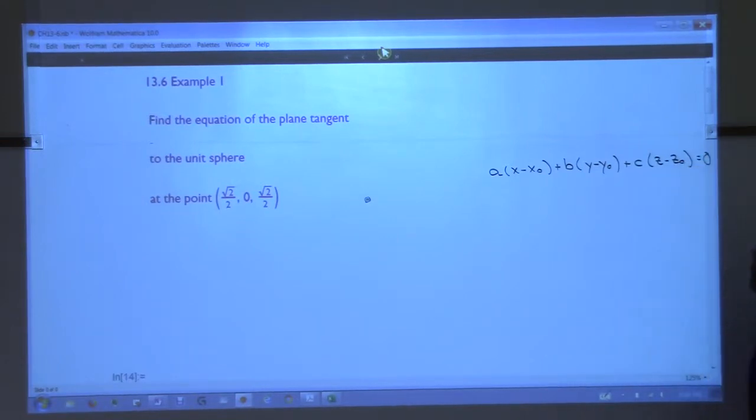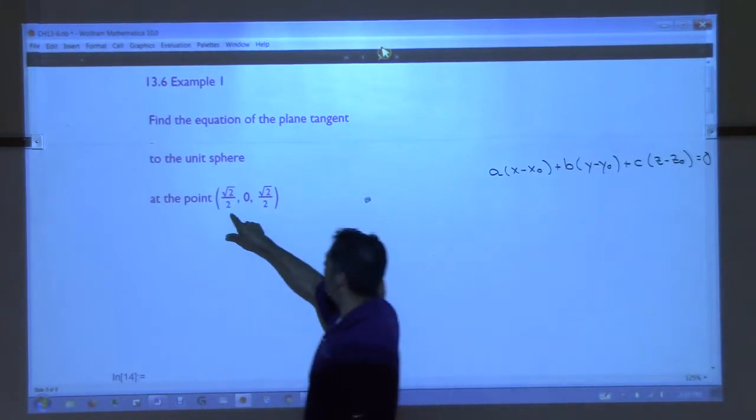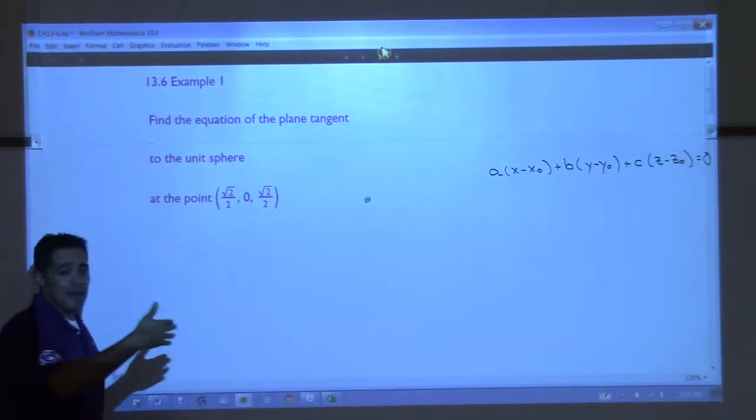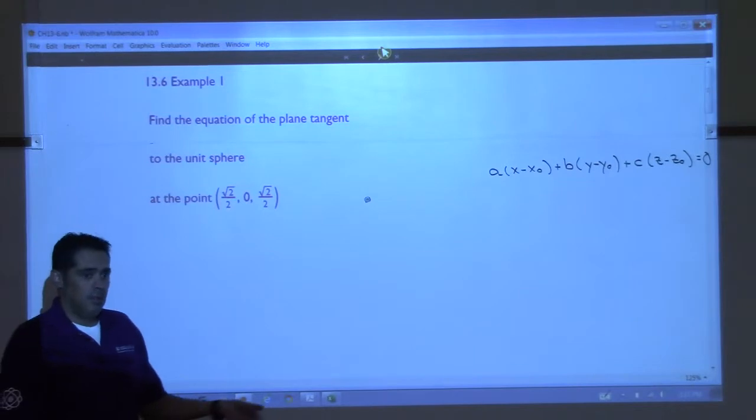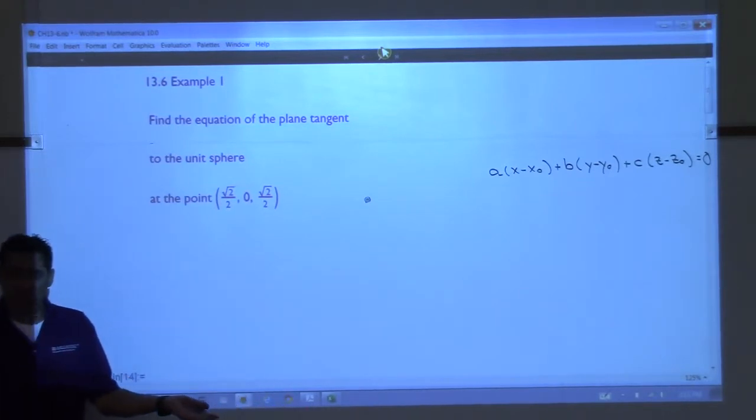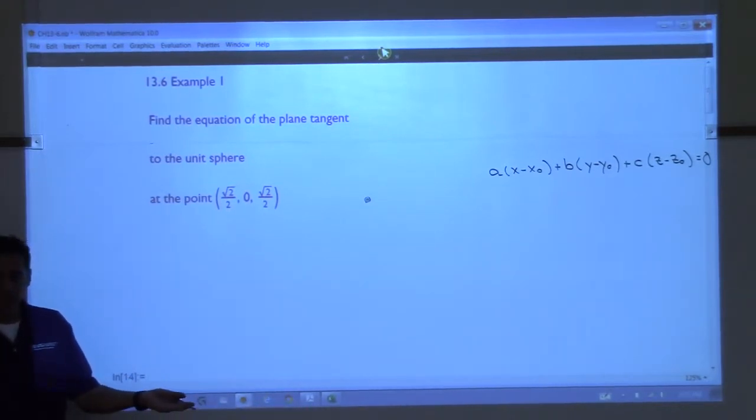That's our standard equation of a plane. Do we know any of this right now? No. We know the point, right? We have x0, y0, z0. The only thing we need to know is a, b, c, but (a, b, c) is the normal vector. And how can we get that normal vector? By crossing those two partial vectors, right? Those two vectors we get from taking the partials, cross them, and that should give us our normal vector.